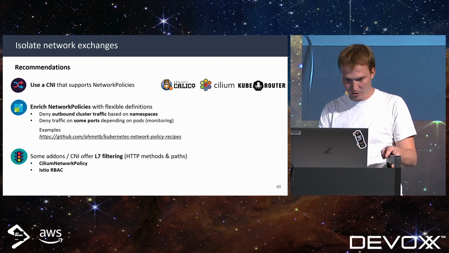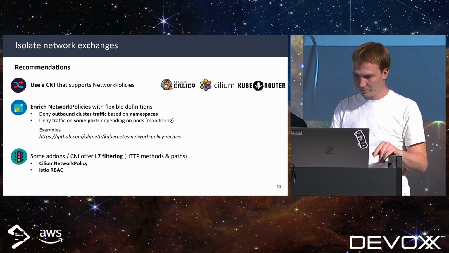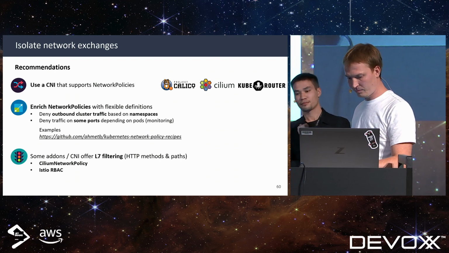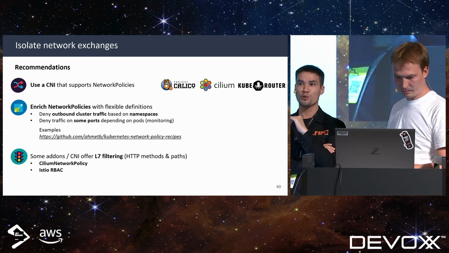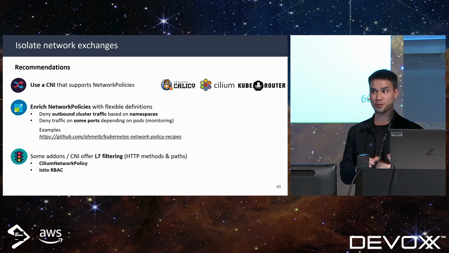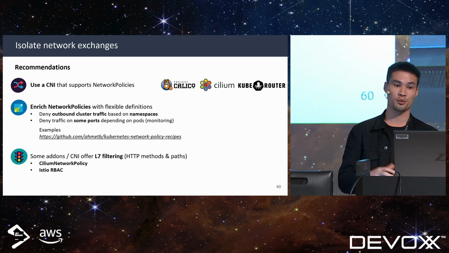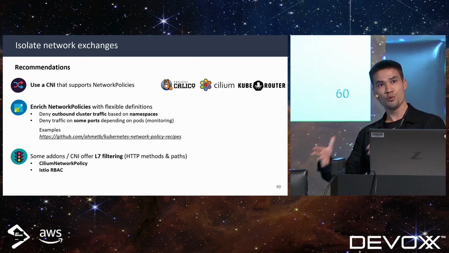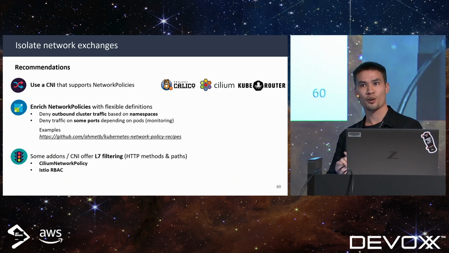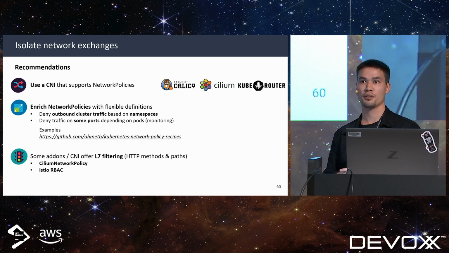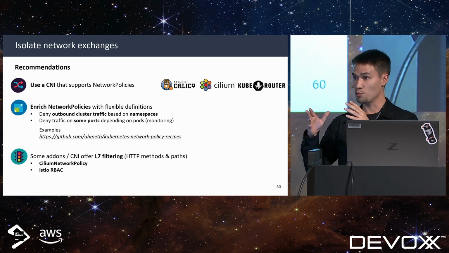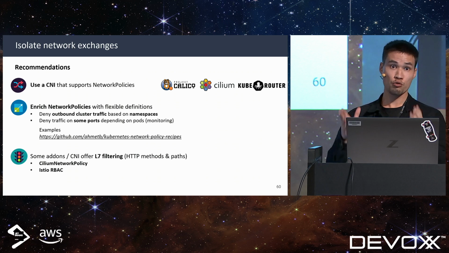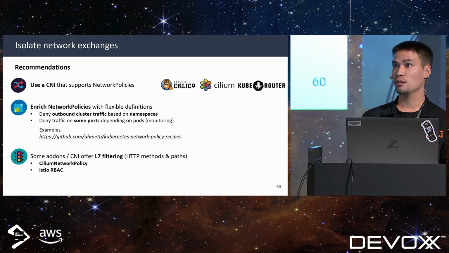So if we summarize what we have seen until now, we have used some tools to audit the technical configuration, so we are pretty confident about the structure of the Kubernetes cluster. Then we moved to use primitives offered natively by Kubernetes to restrict accesses, to set up permissions, to control the way we deploy things in the cluster.